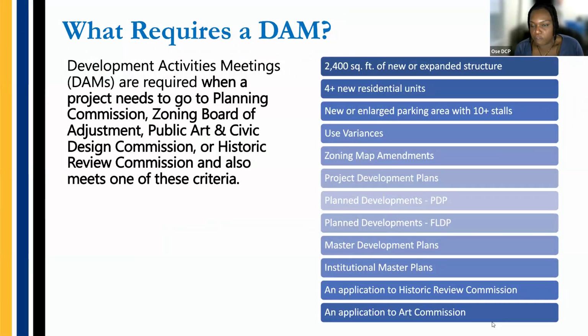I will only name a few: that it meets 2,400 square feet of new or expanded structure, a project development plan, or a PDP or planned development, like the Lower Hill, or a final land development plan, or a master development plan, which all apply to the Greater Hill District.